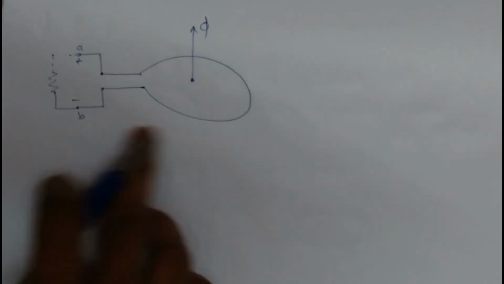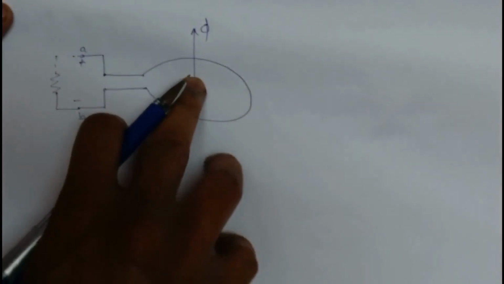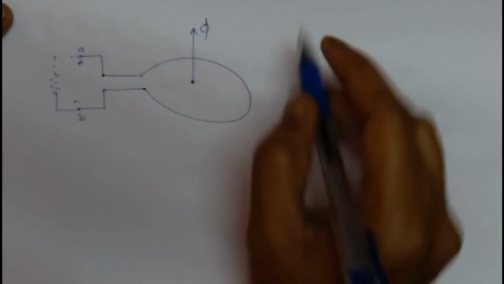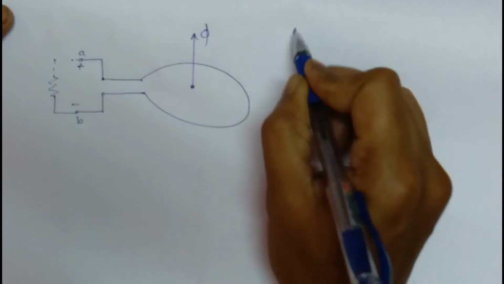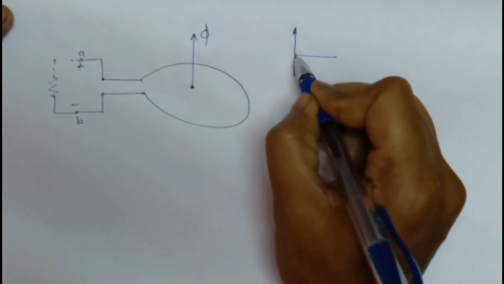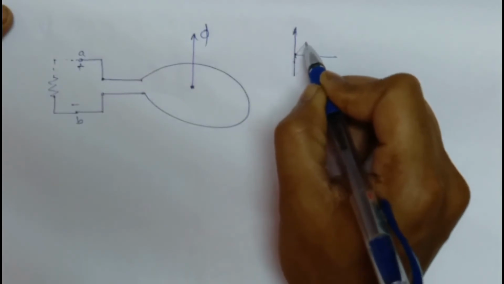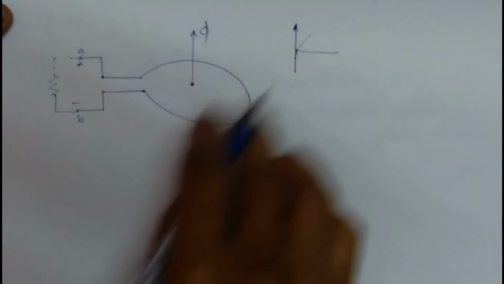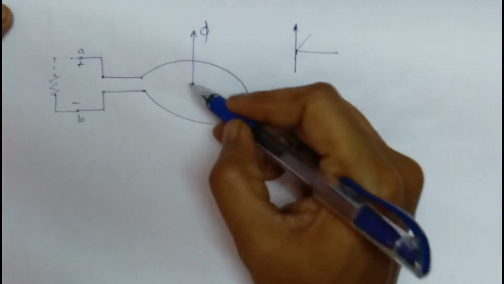What Lenz's law is stating is, if my upward flux is increasing, that means I have some flux here, and it is increasing, so the current induced should oppose this increase.